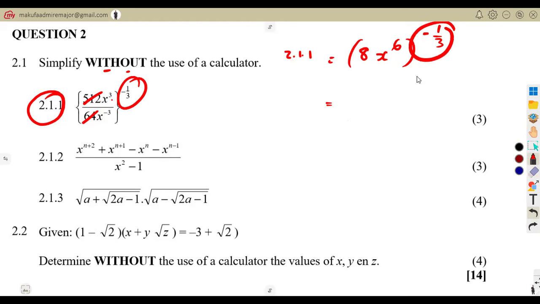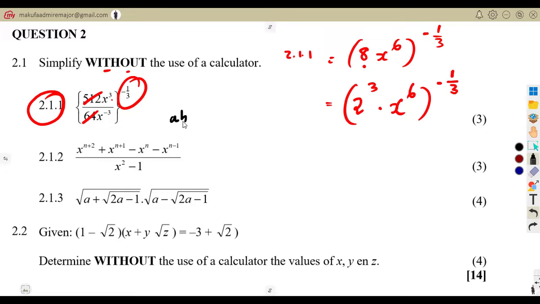All right, since there's an exponent, let's try to have this 8 raised to a certain exponent, just like x to the exponent of 6. So what can we do with 8? 8 times x to the exponent of 6, this whole bracket being raised to the exponent of minus 1 over 3. Remember, from your laws of exponents, if you are given ab to the exponent of m, a will be raised to the exponent of what you are given, the same as the x also.